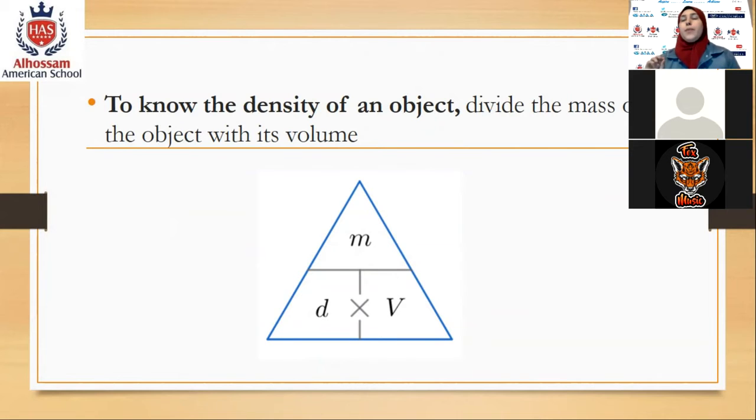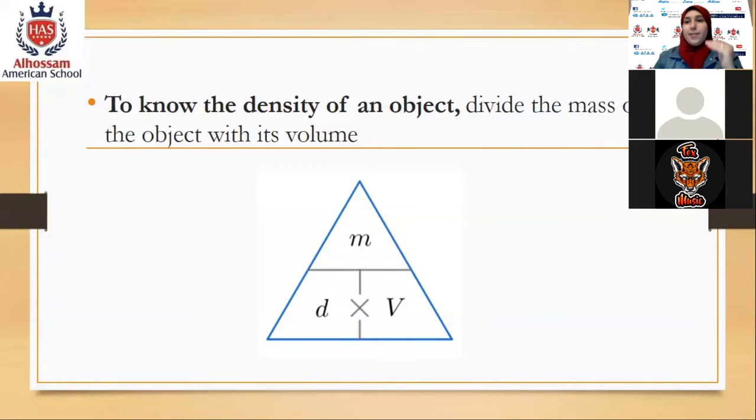For example, if I have a wooden box, a cube, and I know its volume is 10 cubic centimeters, and the mass of this box is 50, then in order to get the density of this box, we divide the mass over the volume.